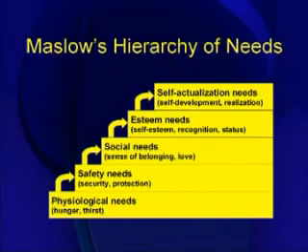What is the physiological need? The thirst, the hunger, the clothing, the shelter, basic physiological needs, or we can say the basic needs. So Maslow talks about these five needs in a hierarchical manner.